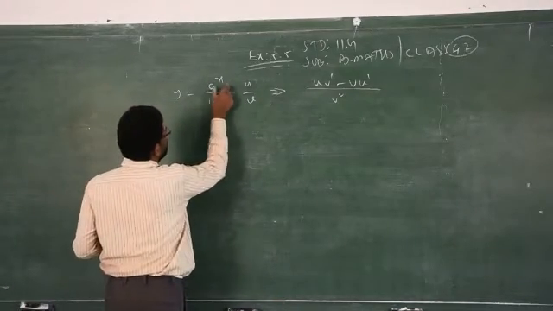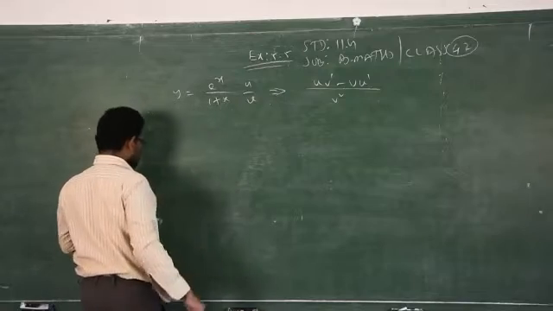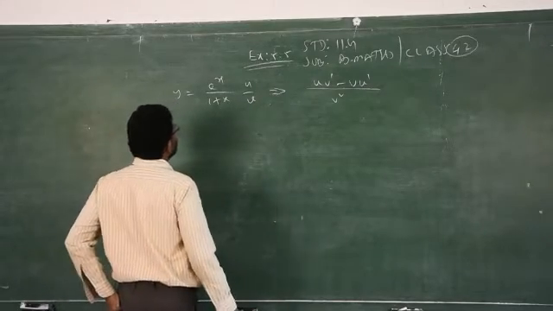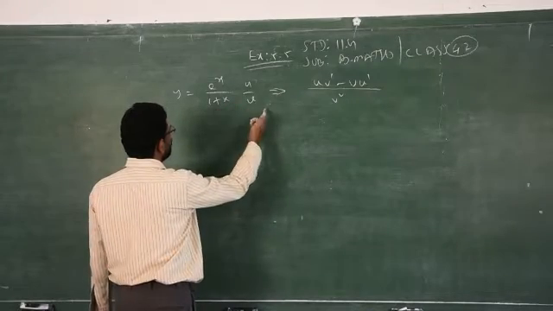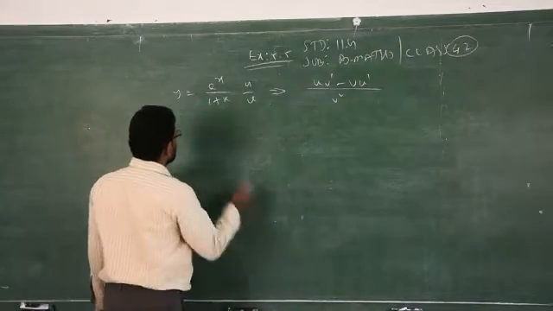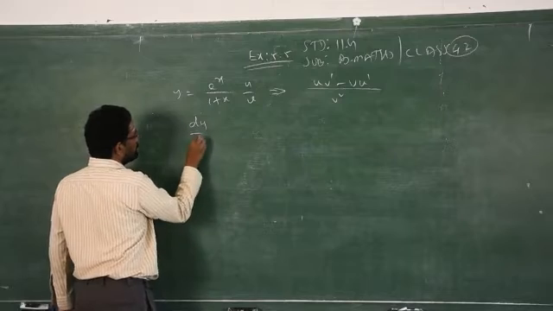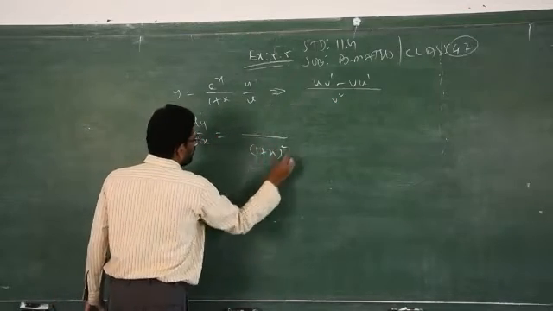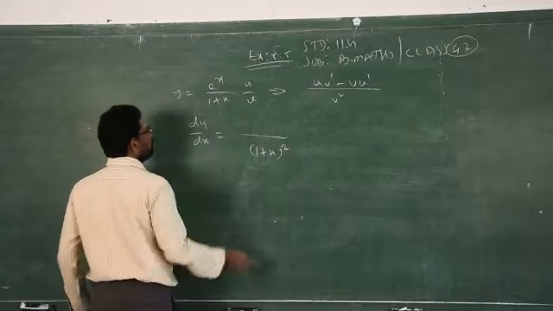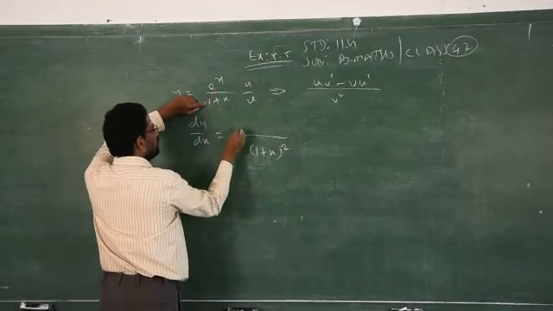The numerator is u, the denominator is named v. So just keep the numerator as it is, differentiate the denominator, then minus, then reverse the process. Clear? So dy by dx according to the formula, 1 plus x the whole square. So differentiate first, keep the numerator as it is.